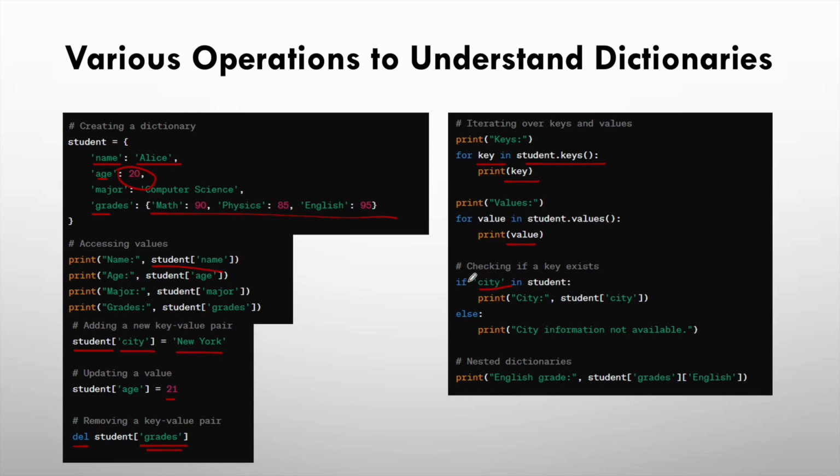So here this is looking for the key again. If this key is in here, it'll print the value that is associated with this key. And since here we don't have this city key in our dictionary, it'll print city information not available. You can also create nested dictionaries, and their format looks something like this.